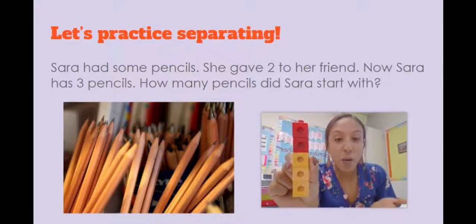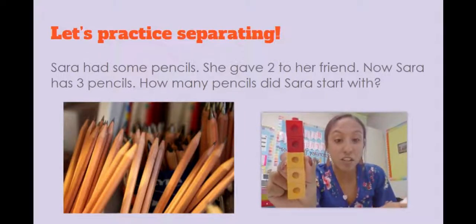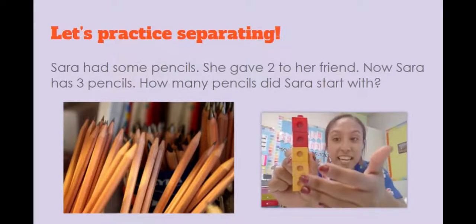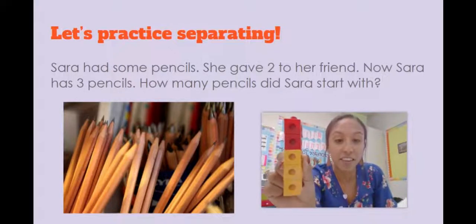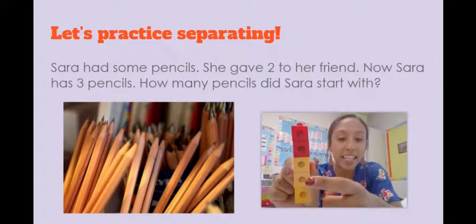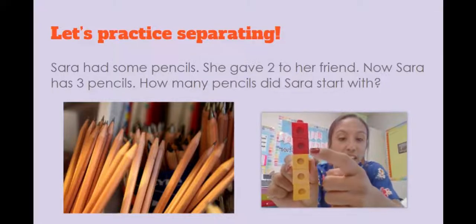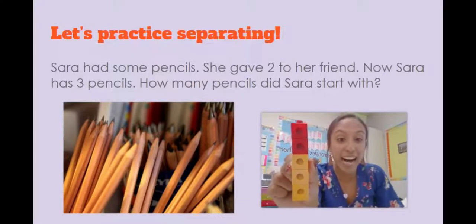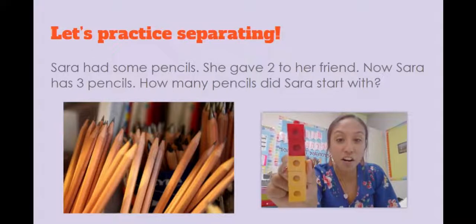And we want to know how many pencils did Sarah start with. So we can look here and count them all together to see how many Sarah started with. Let's count it. 1, 2, 3, 4, 5. Sarah started with 5 pencils.